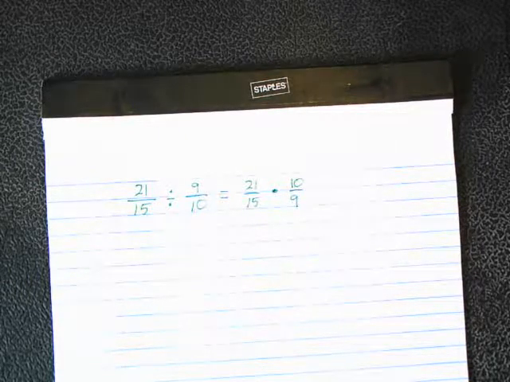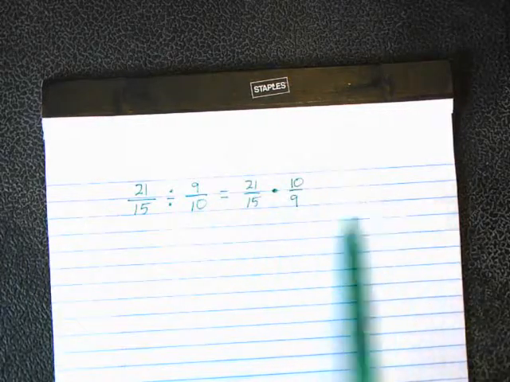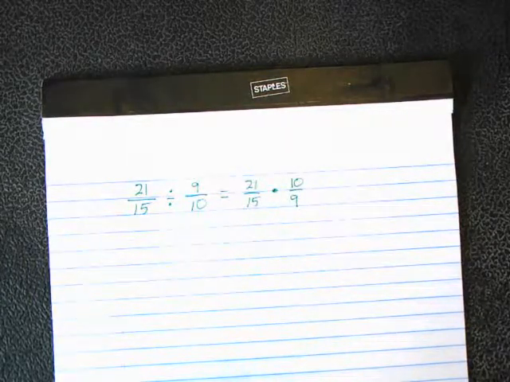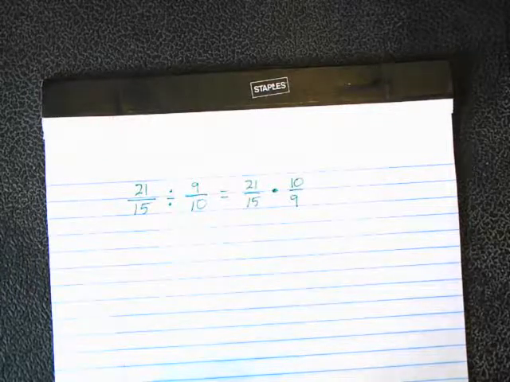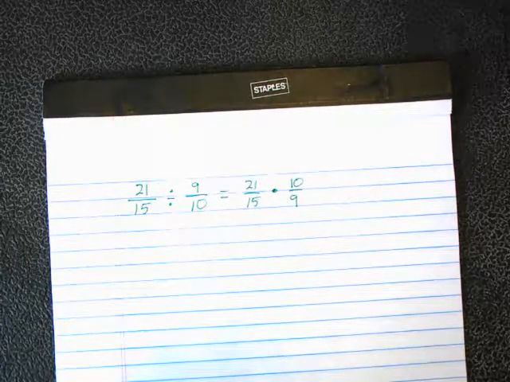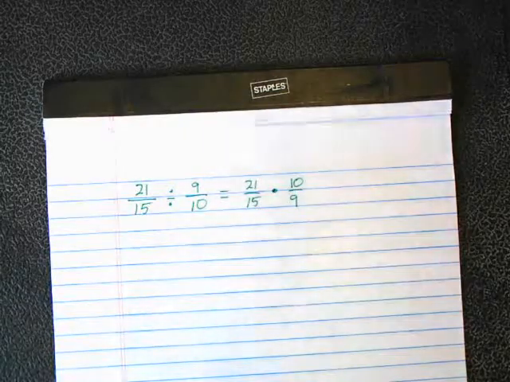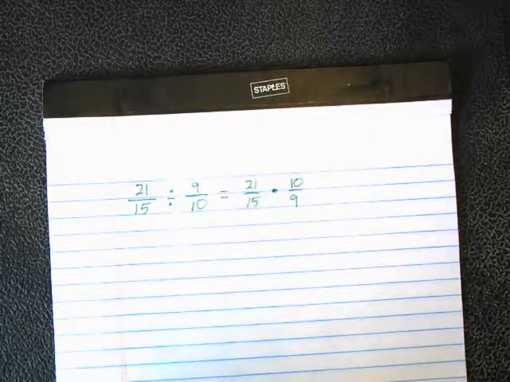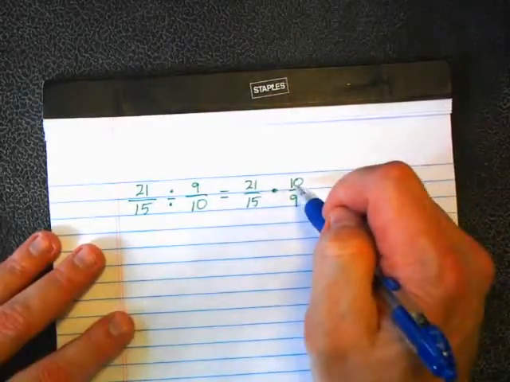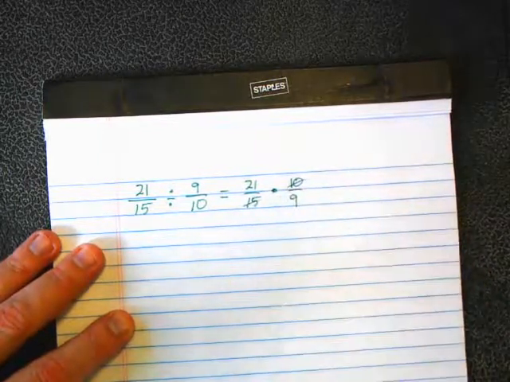All right, and then again, you have two choices at this point. You can either multiply tops and multiply bottoms, and then reduce, or you can reduce first, and then multiply. And again, personally, I like to reduce first. It makes all my numbers smaller. I see a 10 on top and a 15 on bottom.